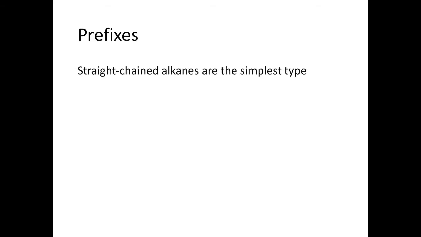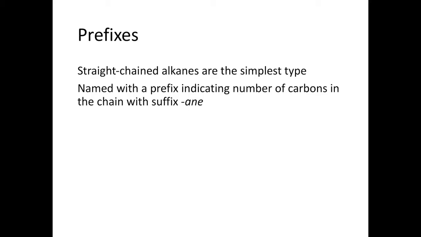So the simplest type of an alkane is a straight-chained alkane, like the 2 examples that we showed. A straight-chained alkane can be named using a prefix at the beginning of the name, and then it will end in -ane, just like methane and propane from the examples.